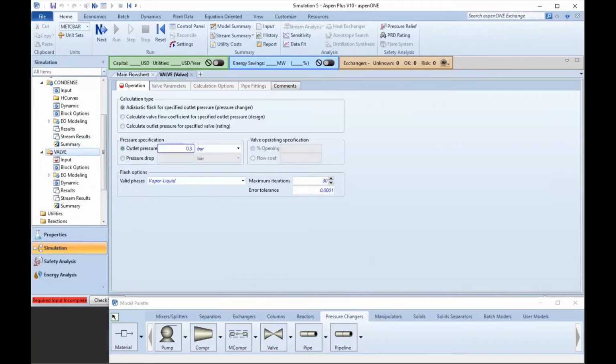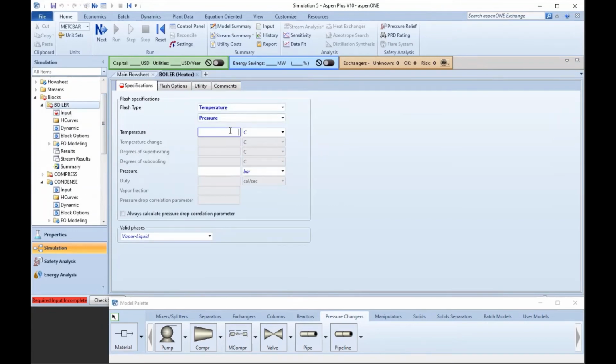Next, we'll look at the valve, and we can leave the calculation type as pressure changer, and the outlet pressure is 0.35 megapascals, which is also found from the Mollier diagram. And the valid phases we can leave as vapor and liquid.